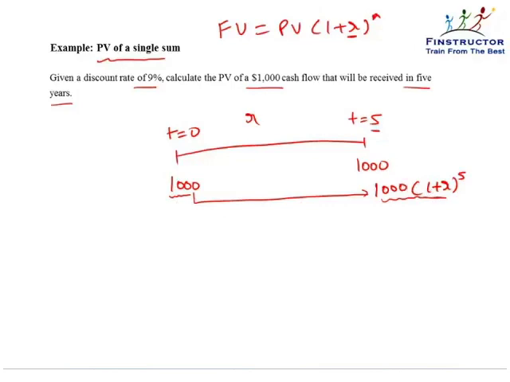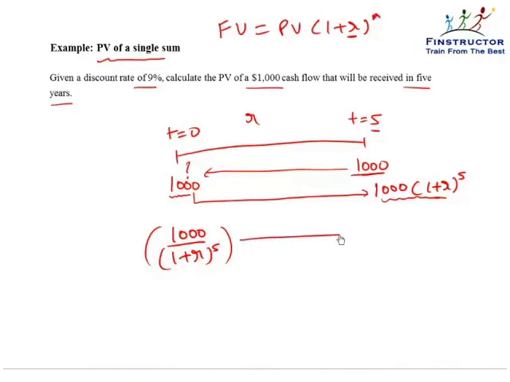Now the question is, if somebody is giving me $1,000 at t equal to 5, then how much is he effectively giving me today? Can we say that he's giving me an amount equal to 1,000 upon 1 plus r to the power 5? We'll try to apply the same argument: if somebody gives me 1,000 upon 1 plus r to the power 5 today, then how much would that money become after 5 years?